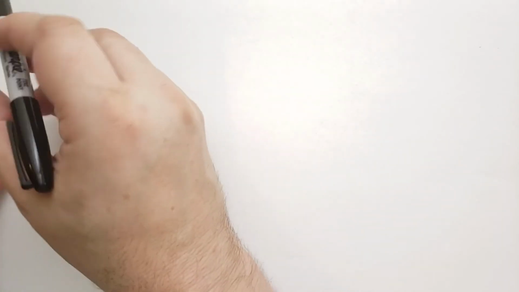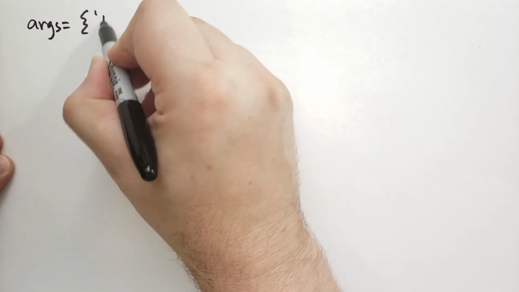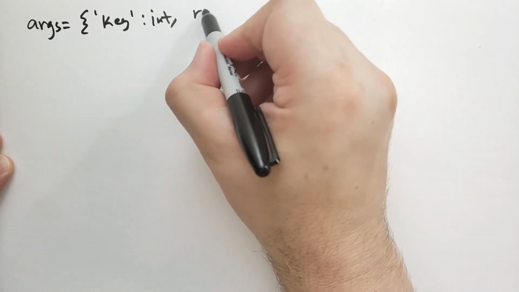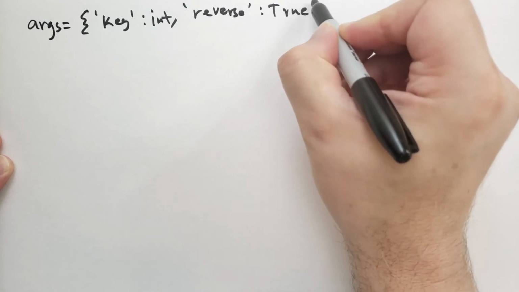When calling functions with named parameters, you can actually specify a dictionary that has those arguments in them and use the double star syntax as function parameters. So function arguments. So we might have args is equal to key is int and reverse is true.